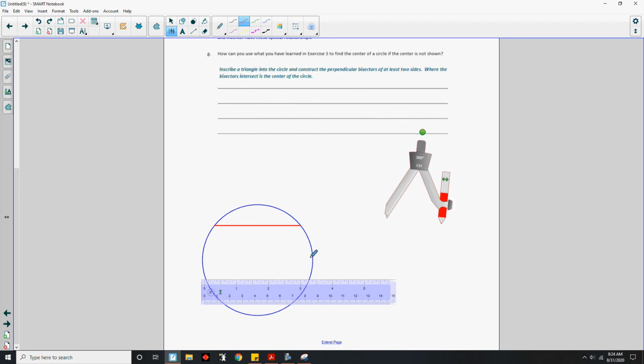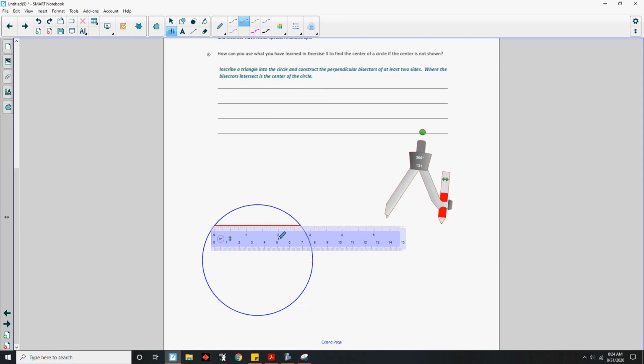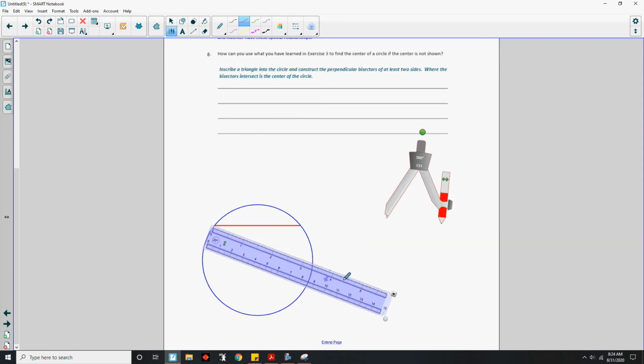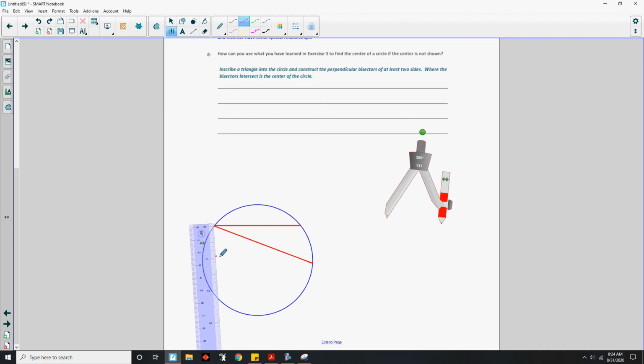So now if I just pick anywhere else on the circle, such as right here, and rotate my ruler to there, and draw a segment over to here, and then move my ruler to here, and finish this triangle.